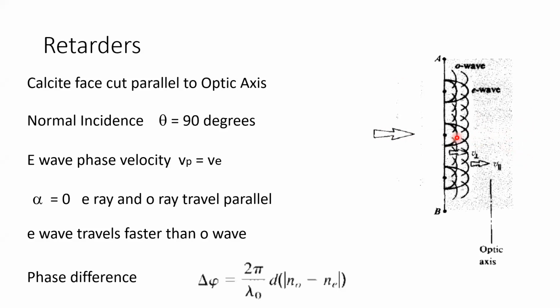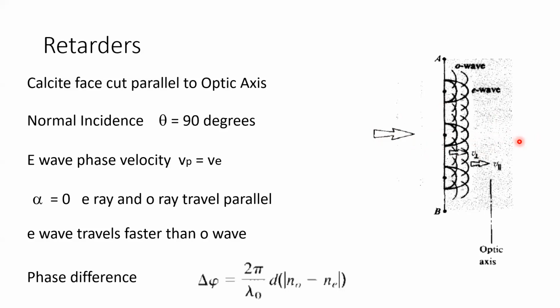So the point is that these retarders can be used to produce waves of different polarization. And further, remember, this incident wave doesn't have to be unpolarized. You can introduce a linearly polarized or a circularly polarized wave here. The retarder will change the polarization character of the wave.